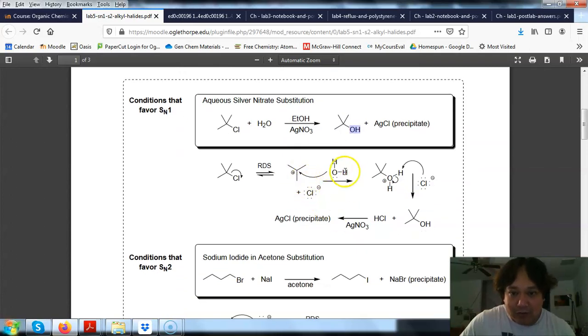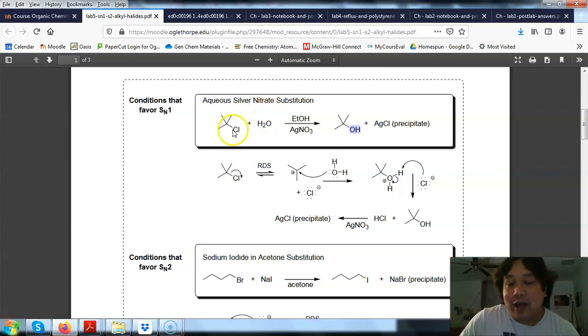See, there's your nucleophile, and in the last step, a proton is removed to give your product. Now, there's another reaction that forms a precipitate, but that reaction is just showing us that the reaction is happening. And you are timing this reaction until you think no more precipitate is being formed, and that's when you stop your stopwatch.